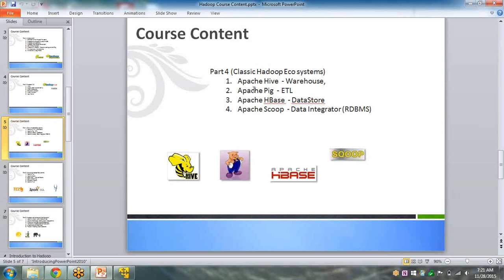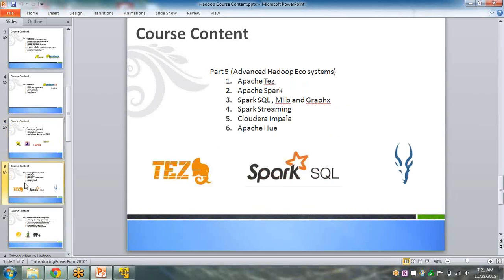MapReduce has a different execution semantic that is not meant for low latency activities. So they all come into the high latency arena, which does not fit the latest modern challenges. So with that, advancements happened in the Hadoop ecosystem.